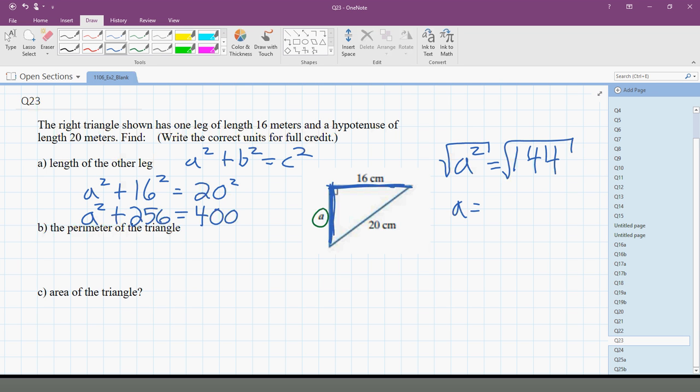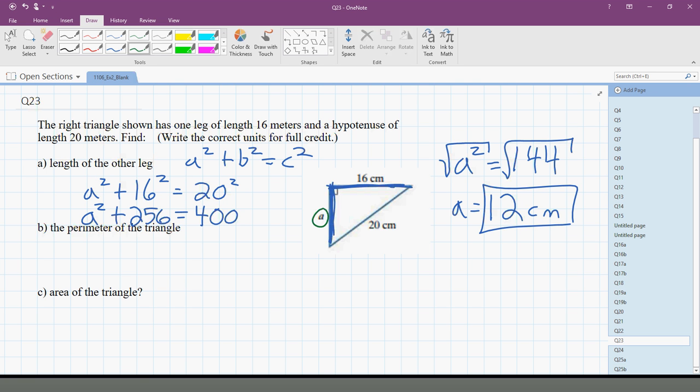Not 20. You got to put 144 in. There you go. 12 what? What are we in? 12 seconds. Good. So there's the answer to part A, and that's crucial for everything else. You mess up part A, it's going to mess up the rest of your answers.